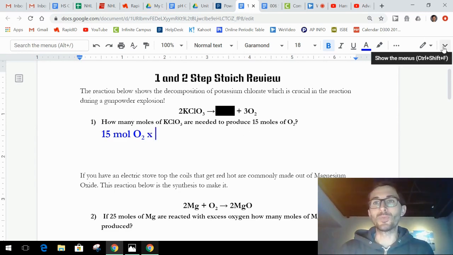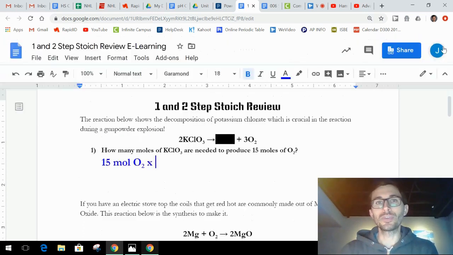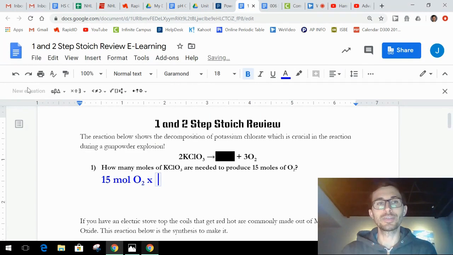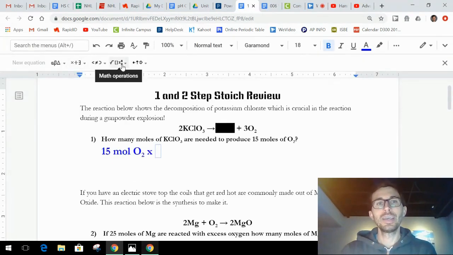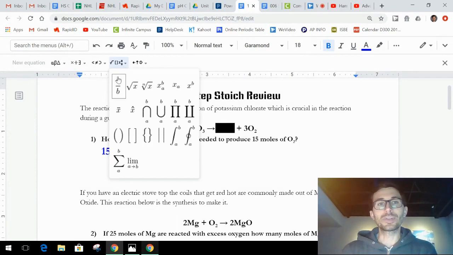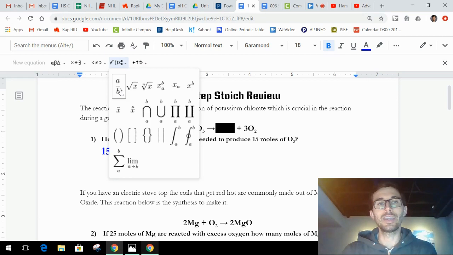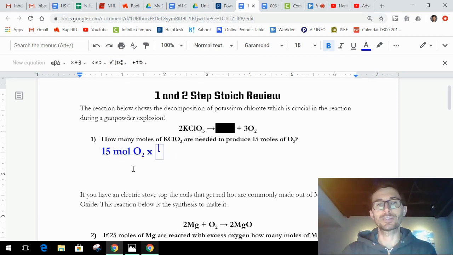On the Google Docs, if you want, you can go to Insert up here and insert equation, and this little toolbar with equations pops up. You can click right here, this Math Operations tab, and if you click on the A over B, it sets up a fraction, and you can use that for your conversion. It makes things look nice, but again, paper and pencil is obviously fine.